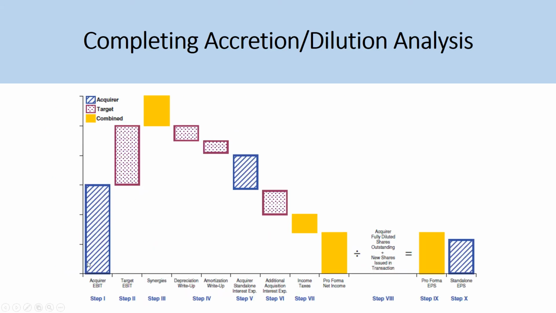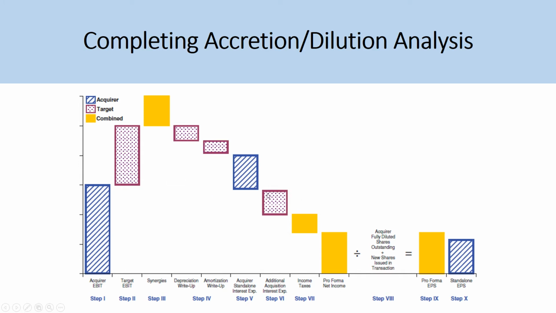Here's an illustration of that. You have the acquirer EBIT, you then add target EBIT, and then you add any synergies, and then you start to subtract things. So you have your depreciation write-up and the amortization write-up, so the new incremental depreciation and amortization that originate from the transaction. You then have the standalone acquirer interest expense, which needs to be accounted for because we're starting at EBIT, right? You take away interest from EBIT to work your way down towards net income.